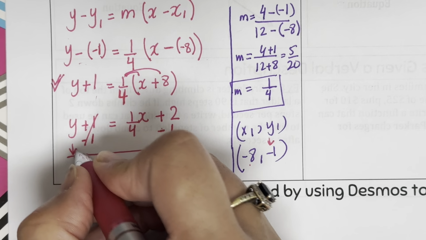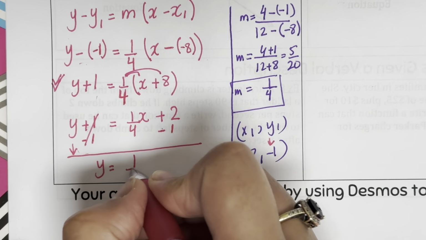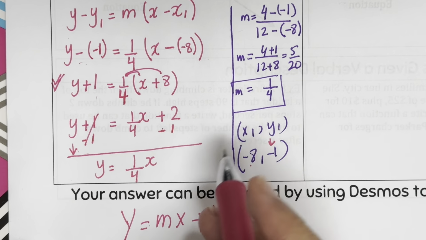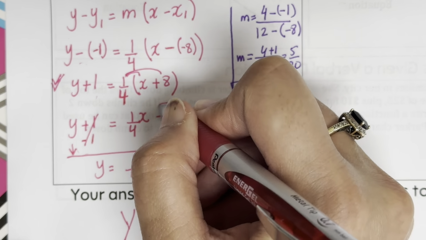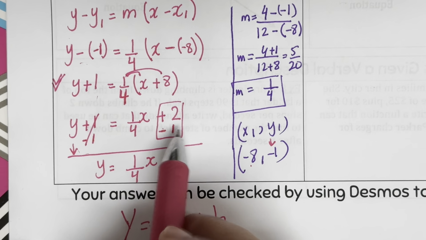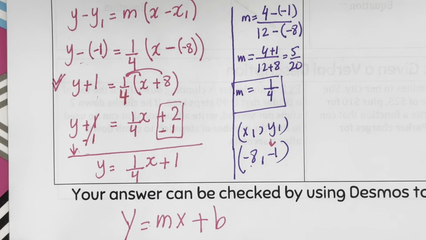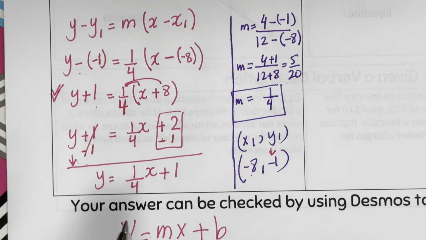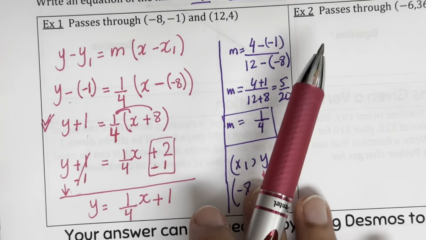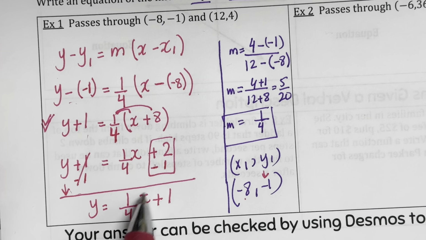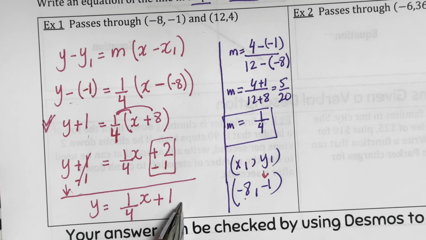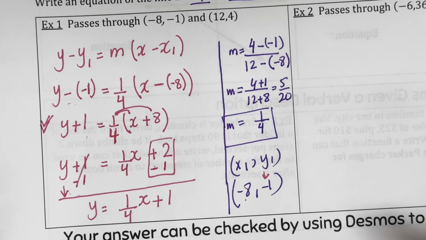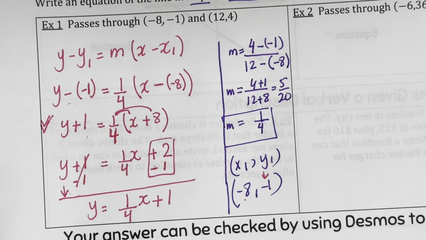You're left with y, bring it down, equals 1/4 x. And then this part can be simplified. 2 minus 1 is positive 1. So my slope-intercept form that passes through these 2 points is y equals 1/4 x plus 1. And that should be correct.